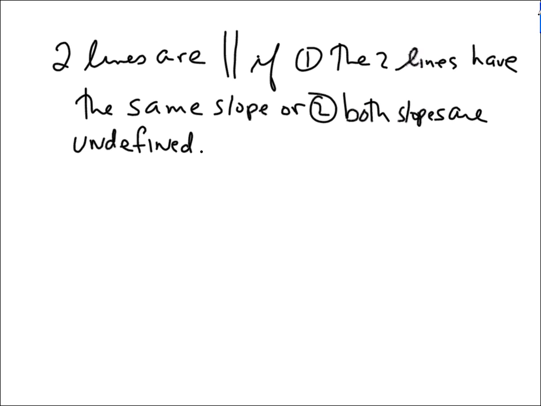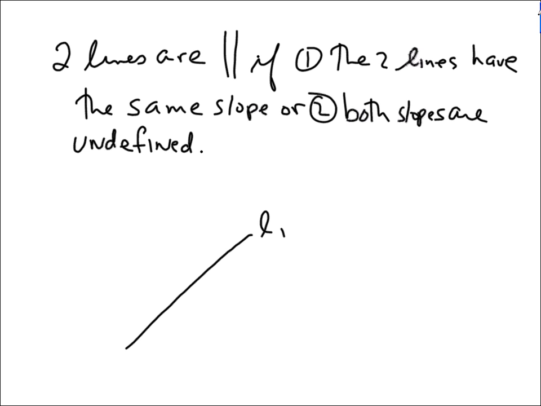Now this is the definition that's normally found in algebra textbooks. Two lines are parallel if the two lines have the same slope. Well, if this is one line, call it line 1, it has a slope.